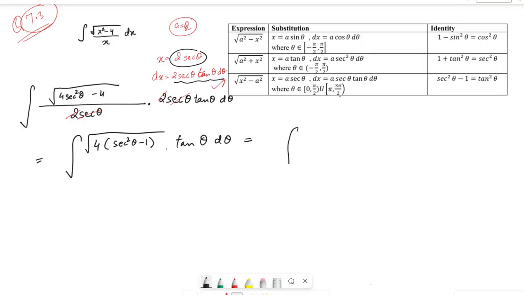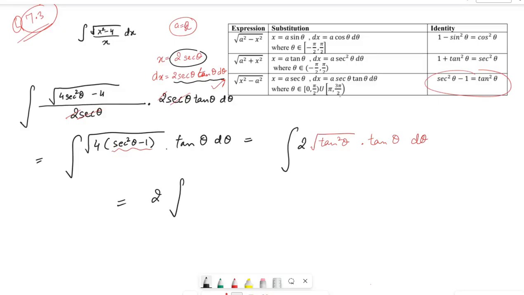This is equal to the integral of the square root of 4, which is 2, and this part, secant squared theta minus 1, can be replaced by tangent squared theta, and there is a tangent theta outside, d theta. That becomes 2 outside.